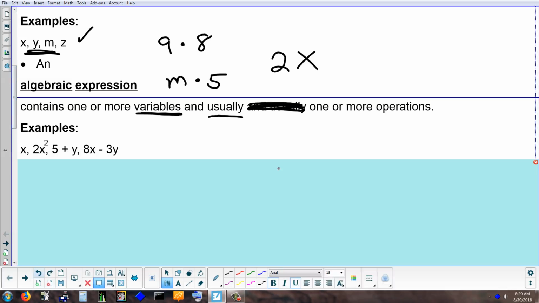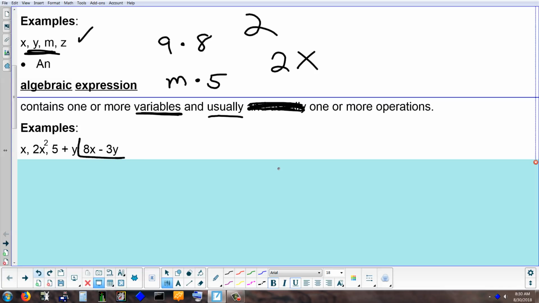Notice you always have to have a variable. If you don't have a variable, it's not an algebraic expression. If I just wrote down the number 2, that's not an algebraic expression. We call that just a numeric expression. Algebraic means it has to have a letter. So they all have a letter.